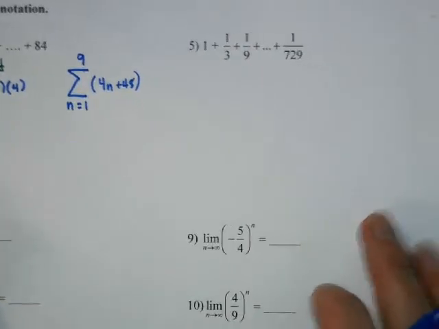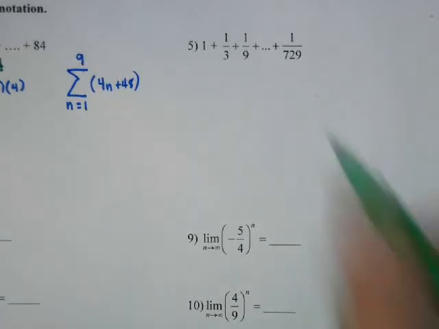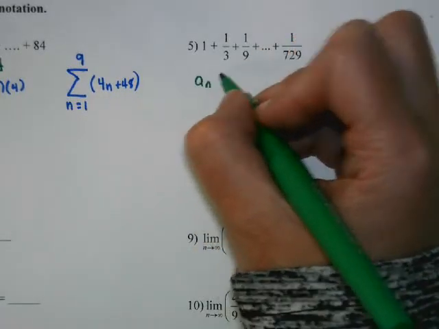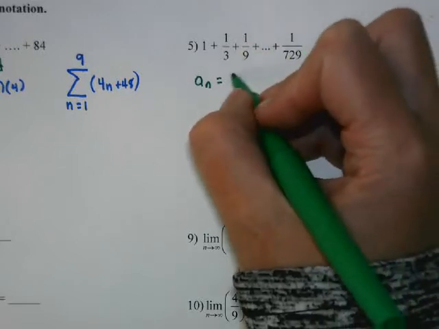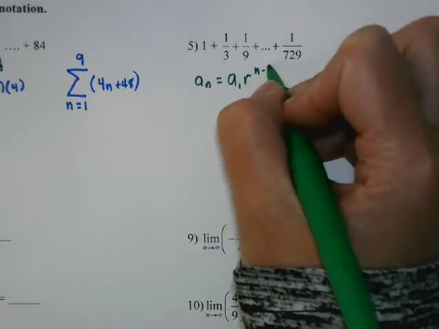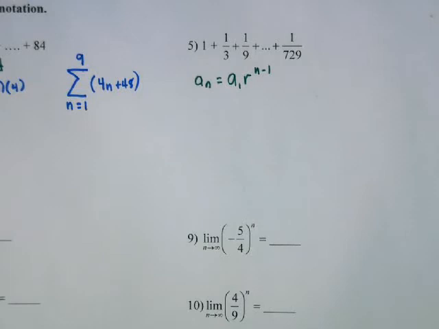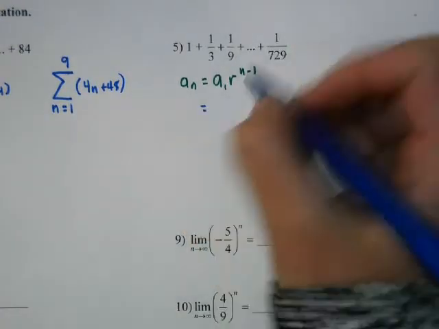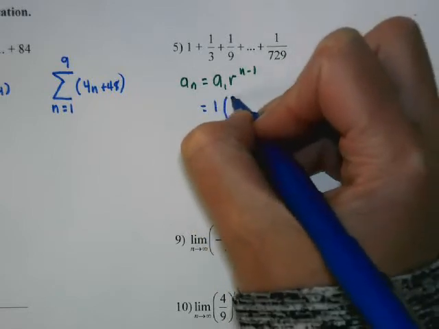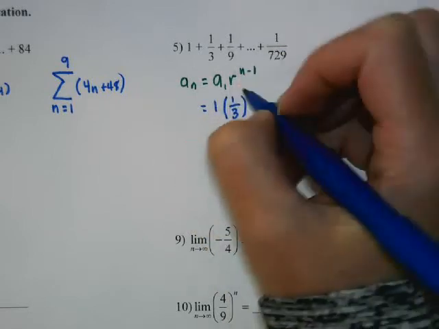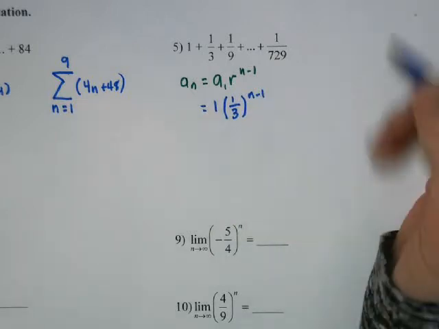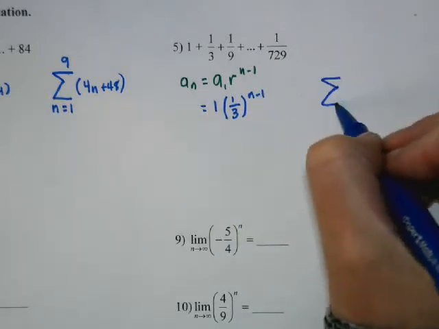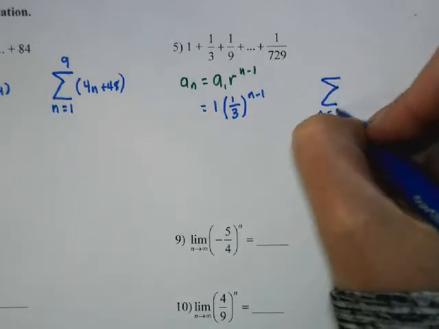Okay, the next one over here is geometric. So that general formula is a1 r to the n minus 1. This is going to be 1. My common ratio is 1/3. So we'll start at 1.